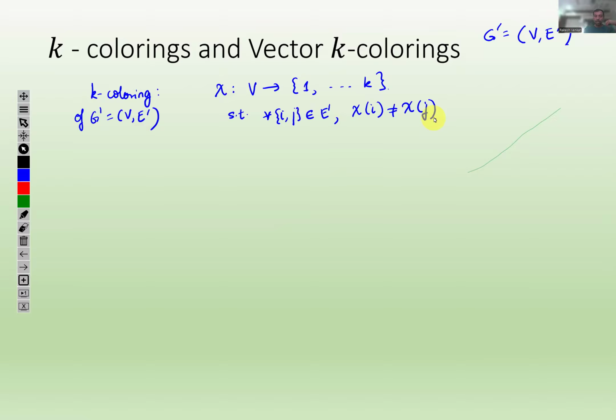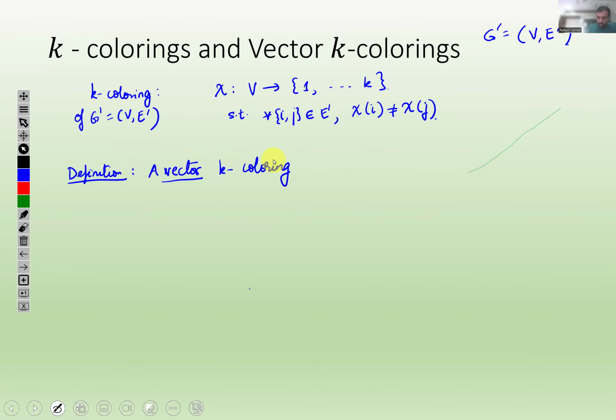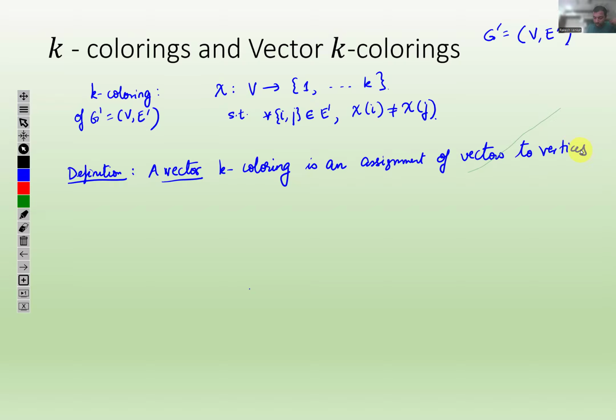Now, what is a vector K coloring? A vector K coloring is basically an assignment of unit vectors to vertices.